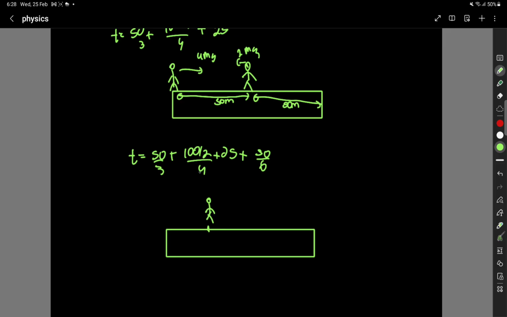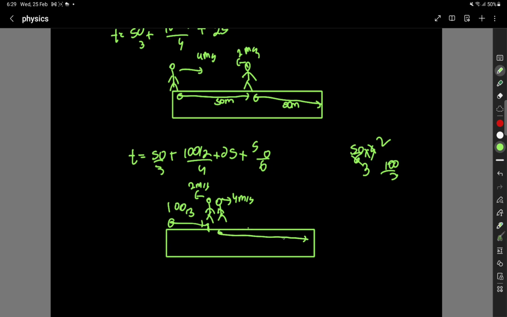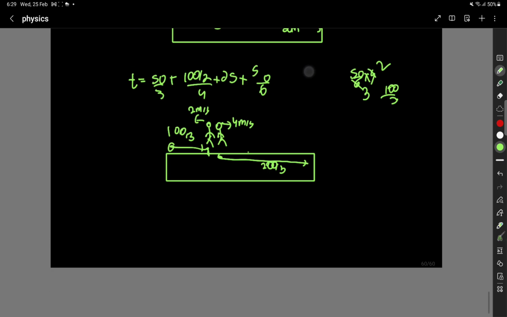This guy would have traveled how much? The gap is 50 by 6 between these two, and 50 by 6 into 4 is 100 by 3. So he would have traveled 100 by 3, and he will be here. He will move at 4 meters per second, and he will move at 2 meters per second. This will be 200 by 3.